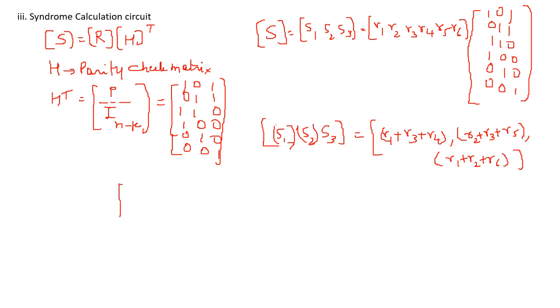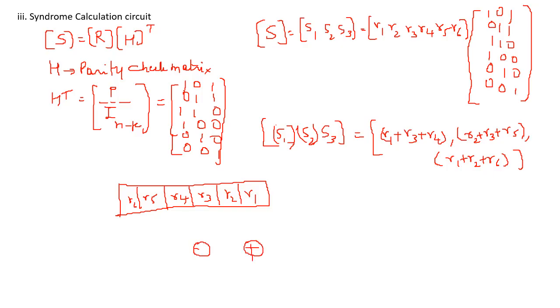Now for the syndrome calculation circuit, you are going to have an n bit shift register, which is 6 here. So R1, R2, R3, R4, R5 and R6. Then you are going to have n minus k modulo adders. So n minus k is 3 here. So 3 modulo adders, and finally you are going to get S1. Now for S1 you have the equation R1 plus R3 plus R4. So these 3 bits are going to add and you are going to get the first bit error S1, and S2 is R2 plus R3 plus R5.